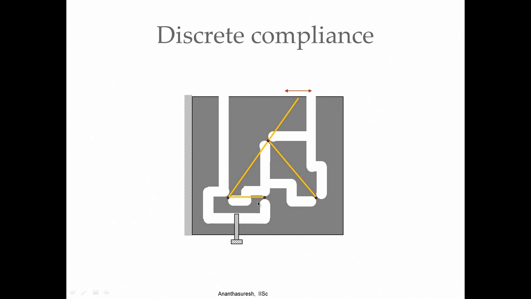The orange lines indicate abstraction of the bodies. So, here is one rigid segment, here is another rigid segment, here is a third one, and the fourth one of course is the frame itself. This is discrete compliance. You just have a few flexural joints and it does what you want. In fact, it turns out to be a Chebyshev straight line generating 4-bar linkage.